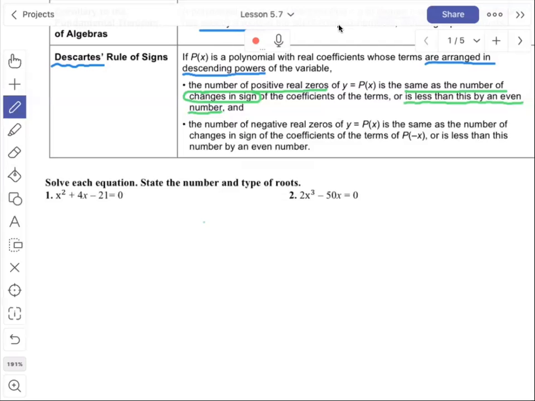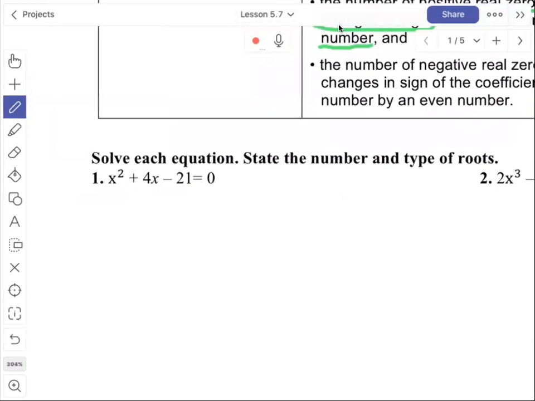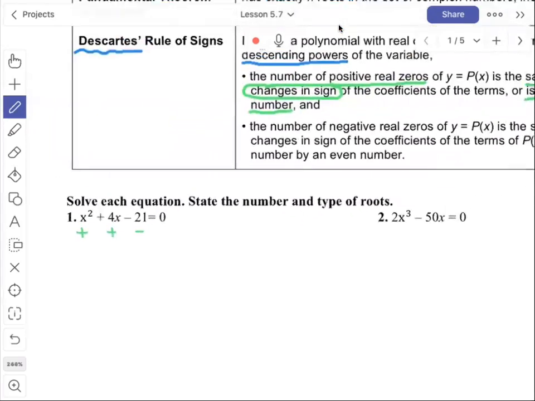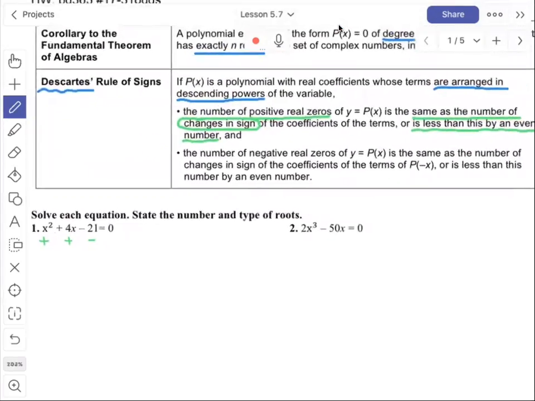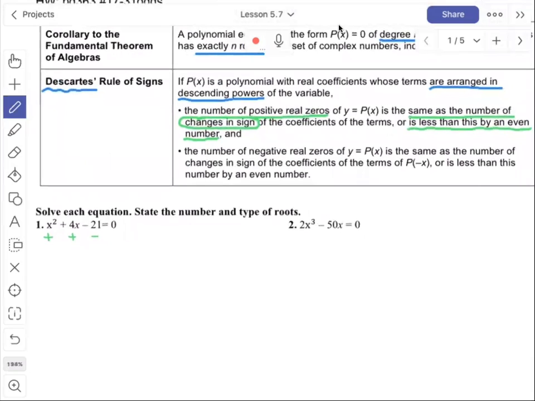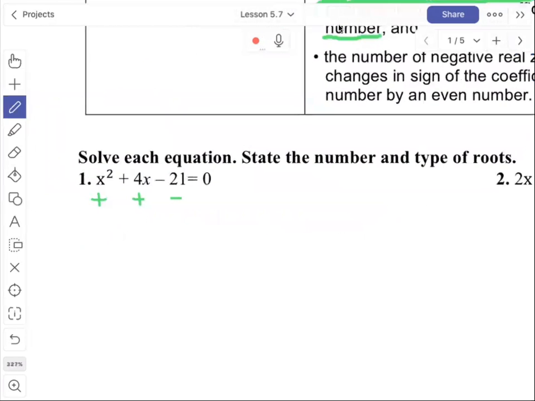So looking at number 1, this is positive, this is positive, this is negative. So how many changes in signs do you guys see? One. Yeah. There's only one change in sign going from this positive to this negative.